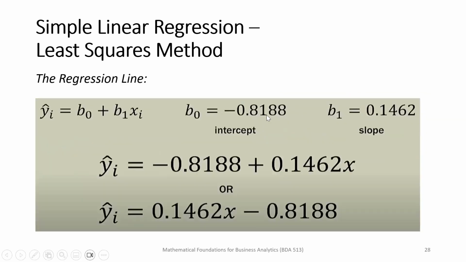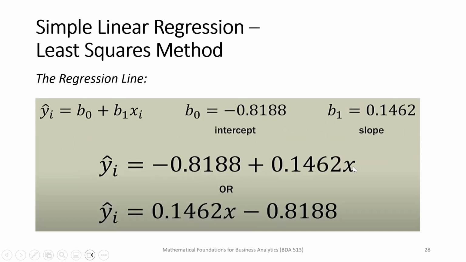So we can write the equation like this. The intercept is negative 0.8188 plus the B1, which is 0.1462, multiplied by X.